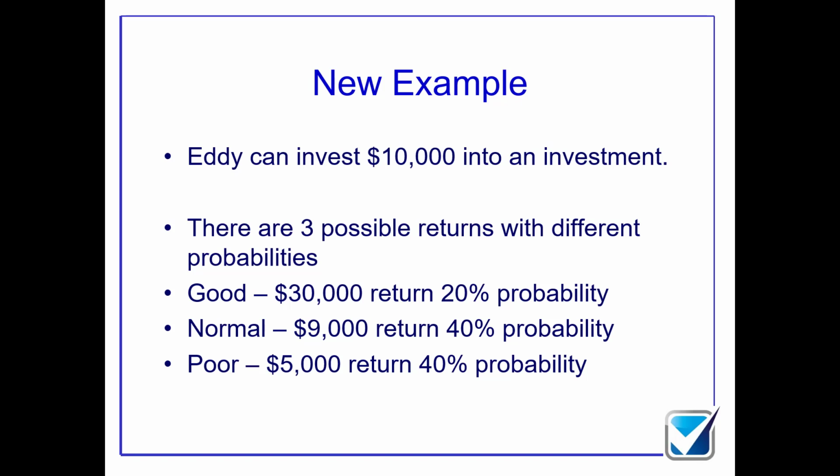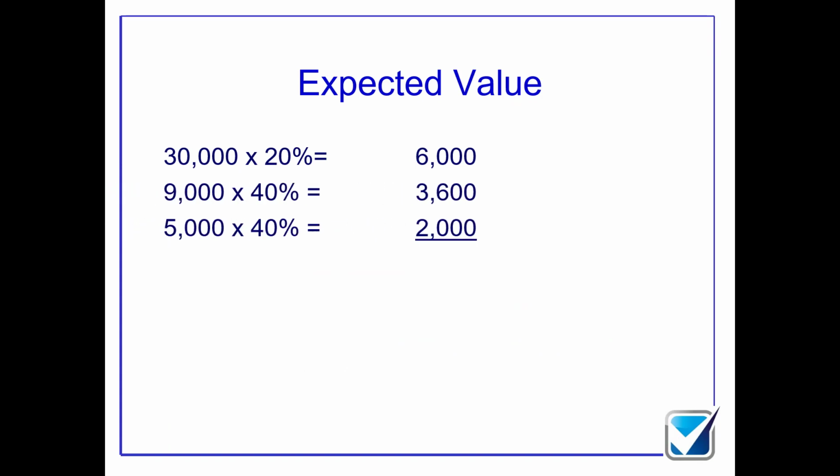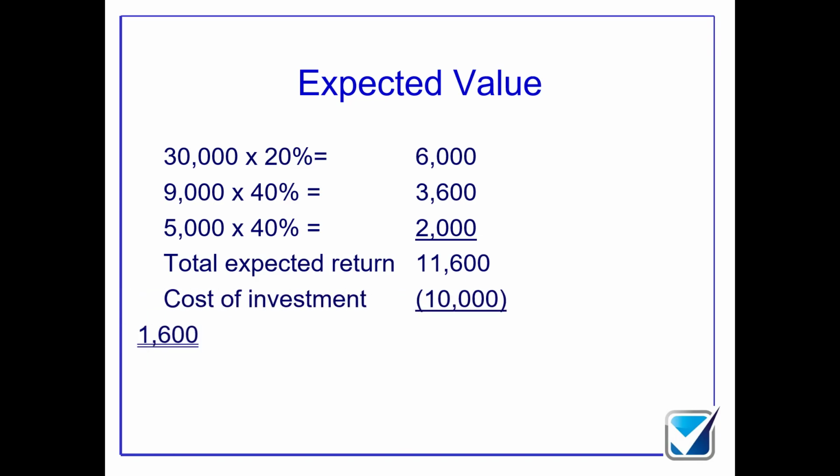Now when I crunch my numbers to work out my expected value, I come up with 20% multiplied by that 30,000, 40% by the 9,000, 40% by the 5,000. And that means my total expected return is going to be 11,600. Deduct my initial investment of 10,000. Happy days, I still make a profit.